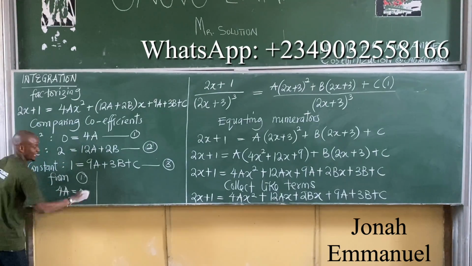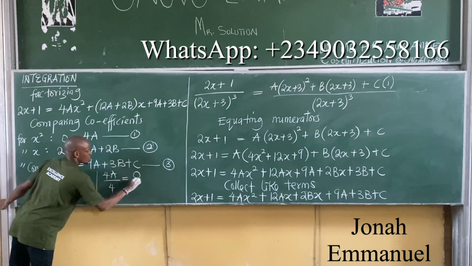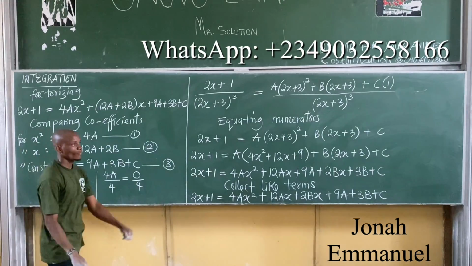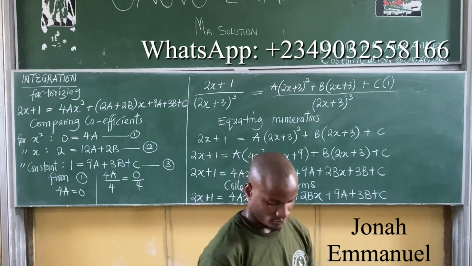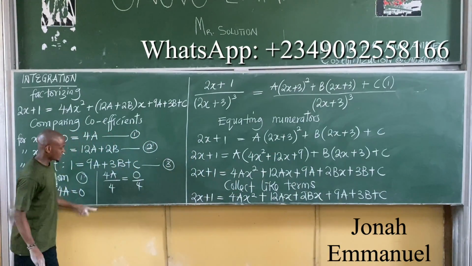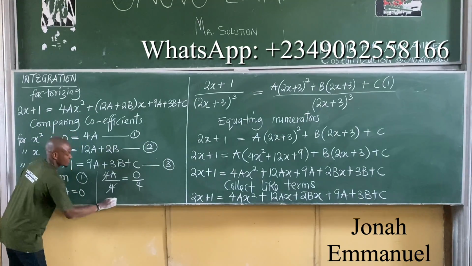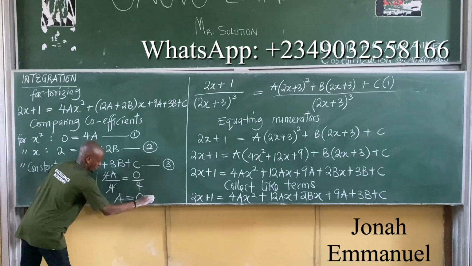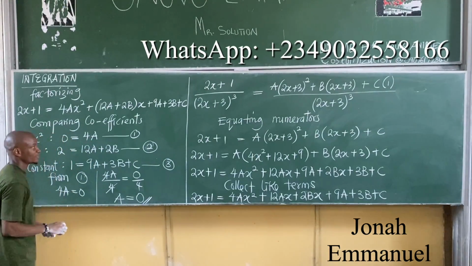So to get a, it becomes 4a over 4 is equal to 0 over 4. This cancels this. A is equal to 0 over 4. What do you get there? You have 0 there. So A is 0. Let's get B and C.